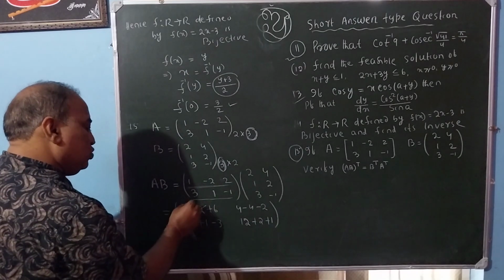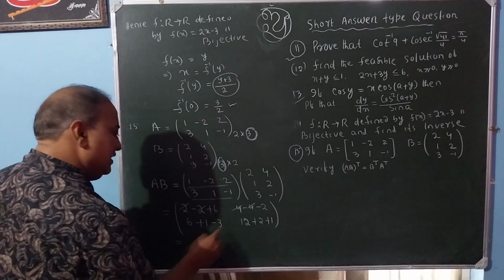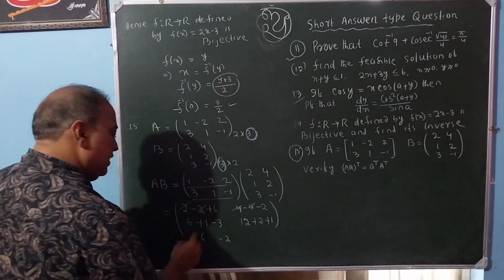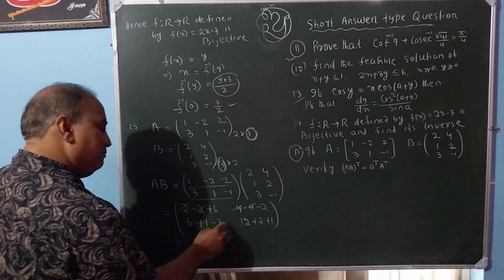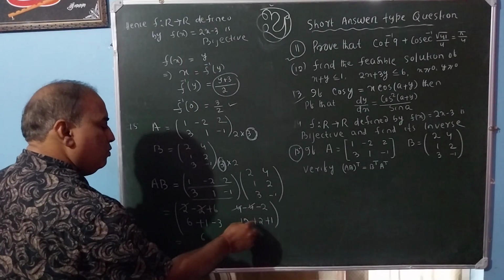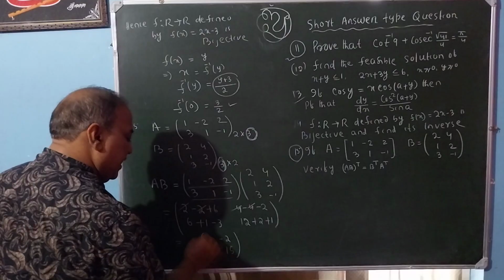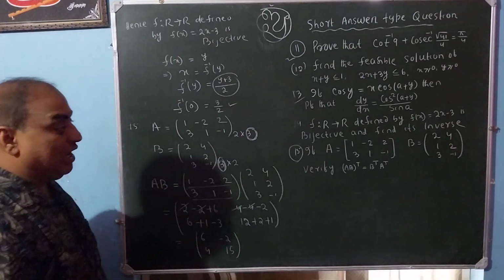Okay, 2 minus 2 cancel, 4 minus 4 cancel, that is 6. Here it is minus 2. Here it is 6 plus 1, 7, minus 3 is 4. Here it is 12 plus 2, 14 plus 1, 15. Okay? The AB matrix is coming out.